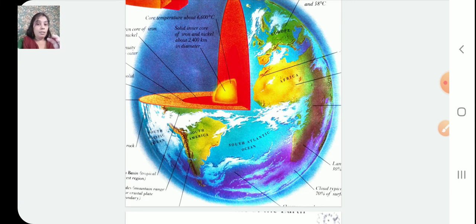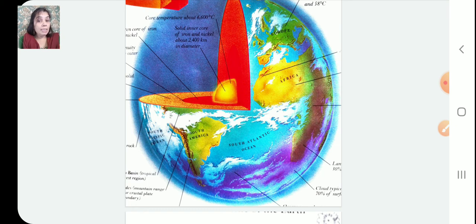The earth is divided into layers, like an onion. Have you seen an onion? When you peel the onion, there are many layers. In the external structure of the earth, we have soil, rocks, water and atmosphere.